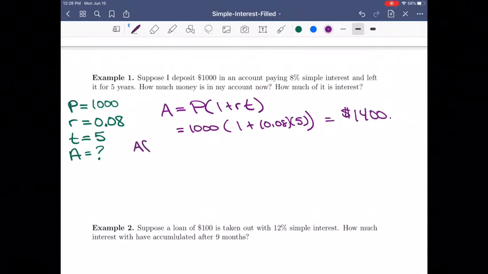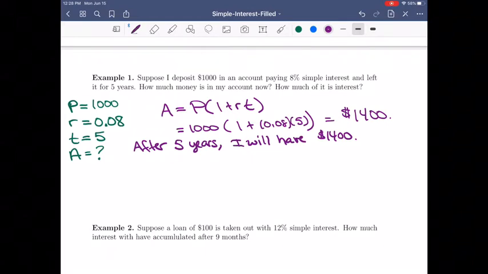So you could write that after 5 years, I will have $1,400. Now it also wants to know how much of this is interest. There are a couple of different ways you could compute this. You could just say, I deposited $1,000 and now I have $1,400, so I have to have $400 in interest. So for the interest, the I, you could say that it's A minus the principal, because I didn't put any other money in.